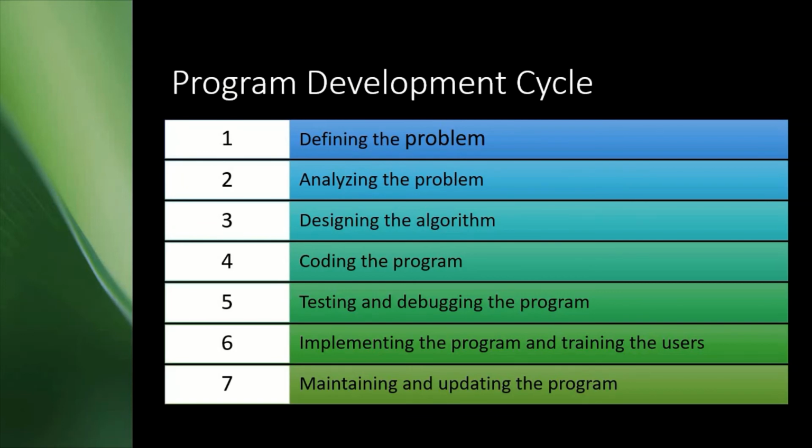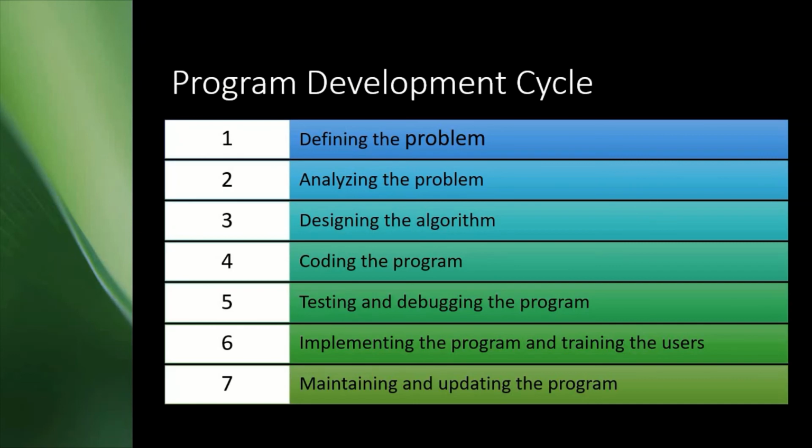Once the program is tested and it is confirmed that the program is generating the correct output, the next step is the implementation of the program and training the users. After implementation of the program, the users will be trained so that they can understand how to work with the program, because they are the people who will be using the program to perform their functions.